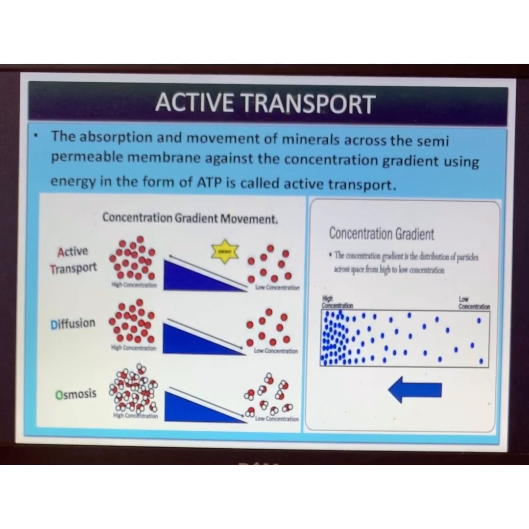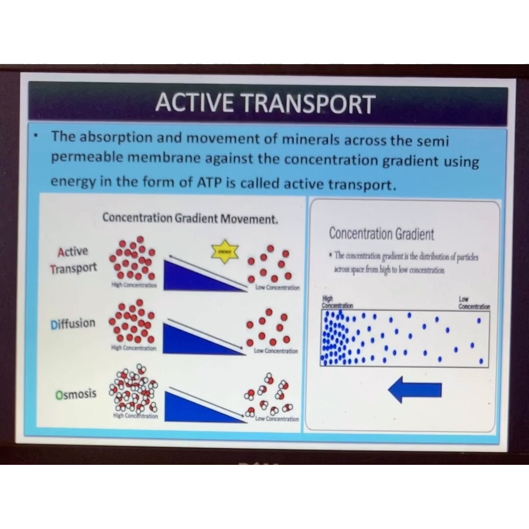Now, that was again a new term you had learned. And what was concentration gradient? When a movement is happening from an area of higher concentration to an area of lower concentration, right? Now in active transport, the movement is in the exact opposite direction.